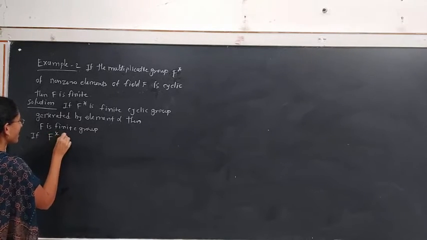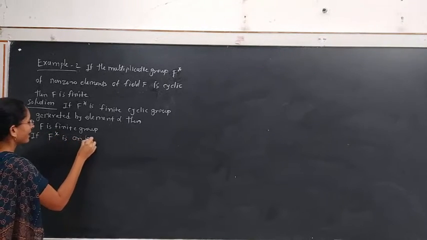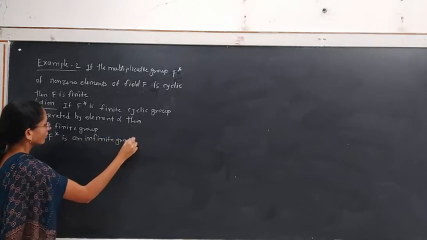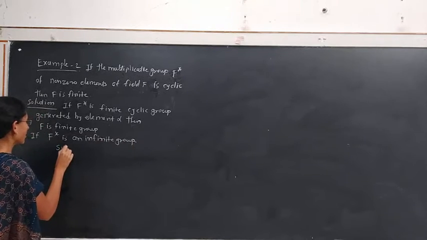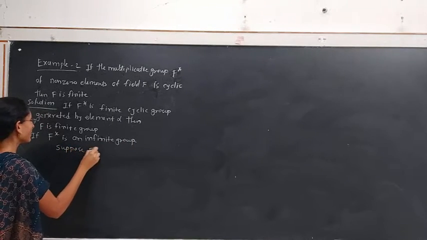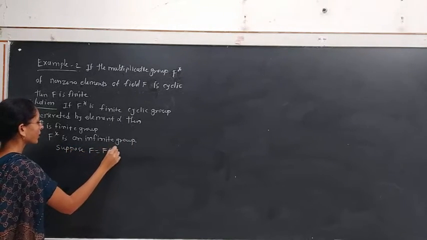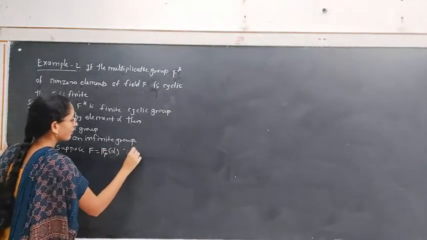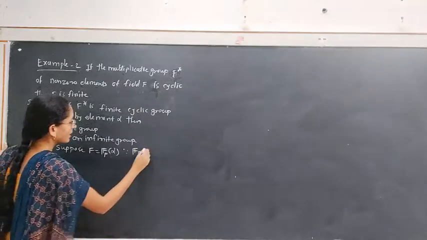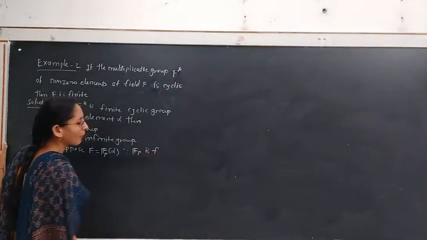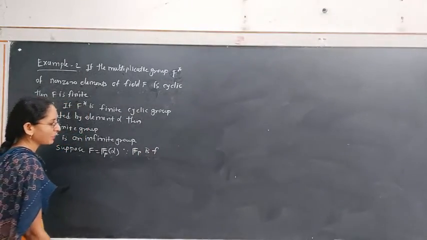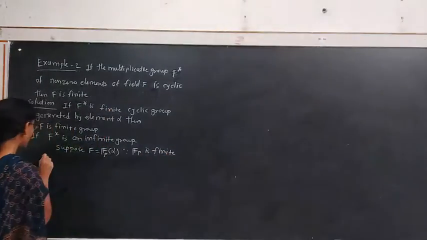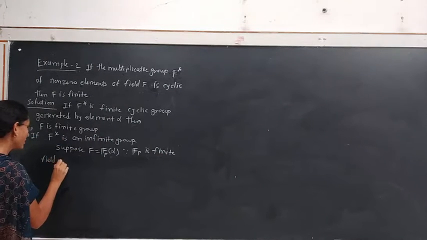If F star is an infinite cyclic group, suppose F is equal to Fp joining alpha, where Fp is a finite field with p elements having characteristic p.